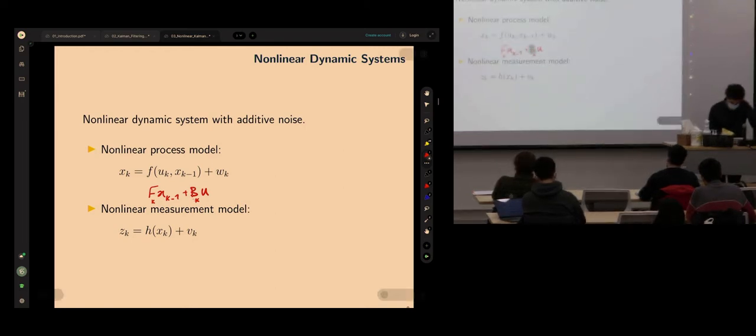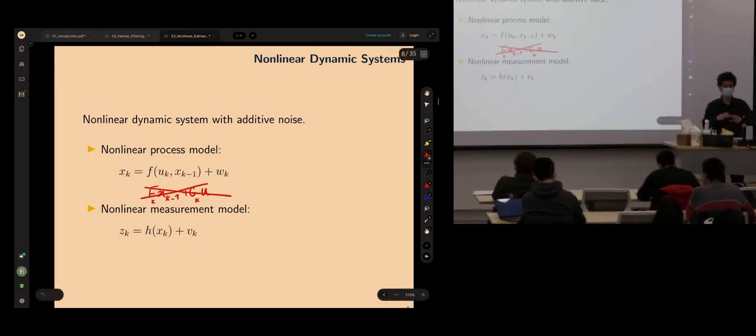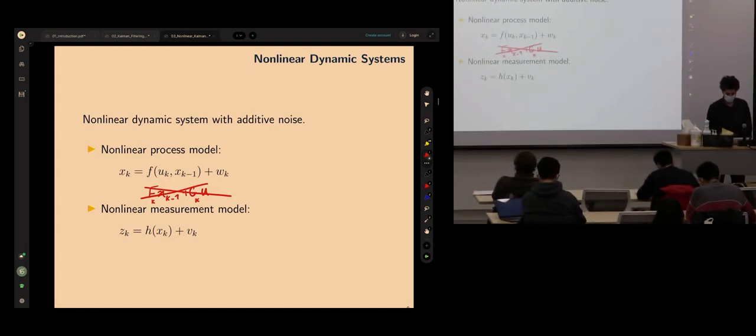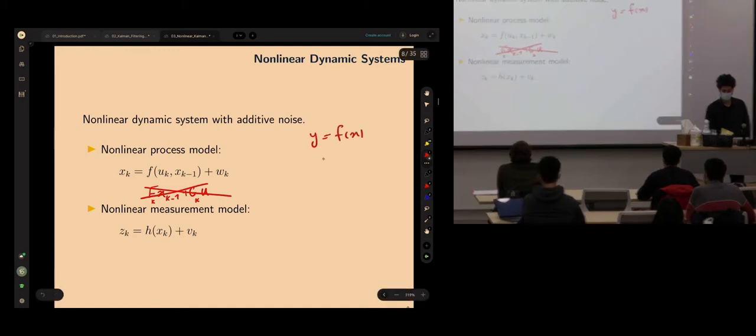Or I'm mixing up, it should be F and G, or sometimes people use A and B, but it doesn't matter. So it's not like that. It's just whatever linear combination of x and u. And when I say linear, if y equals f of x is a linear map, you can write it as this, right?